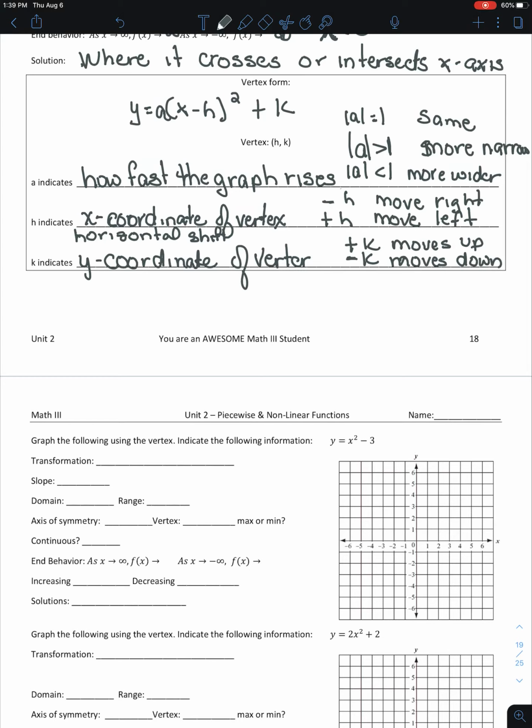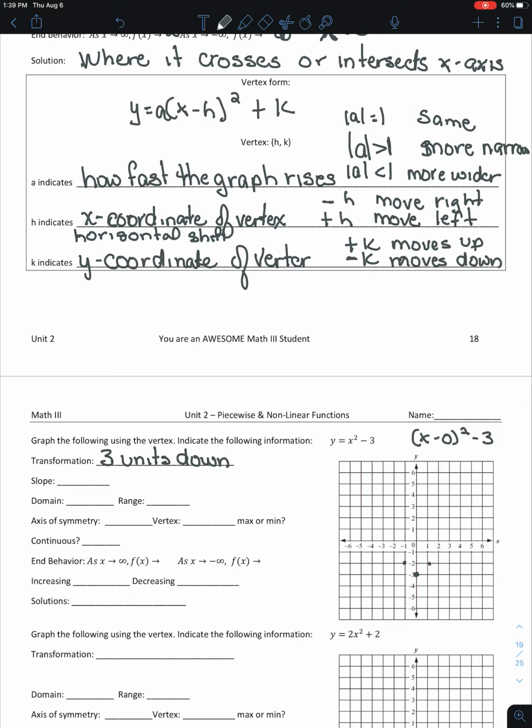So we're going to graph a couple of these. If we have y equals x squared minus 3, which can also be written as x minus 0 squared minus 3, our transformation is 0 units left or right and 3 units down. It's the same width.